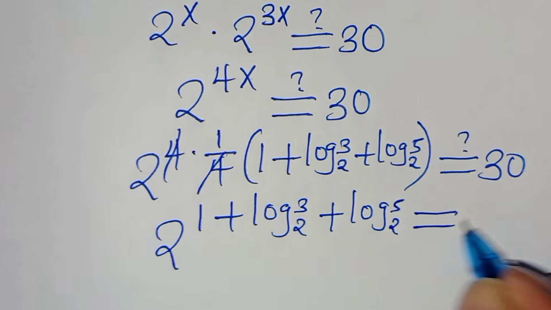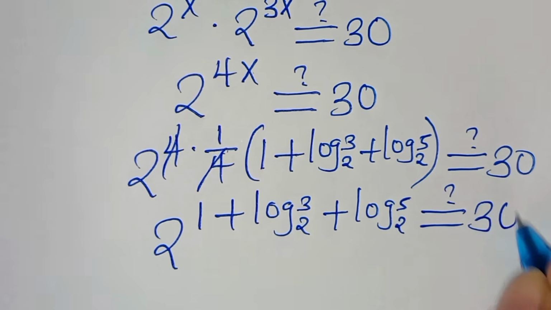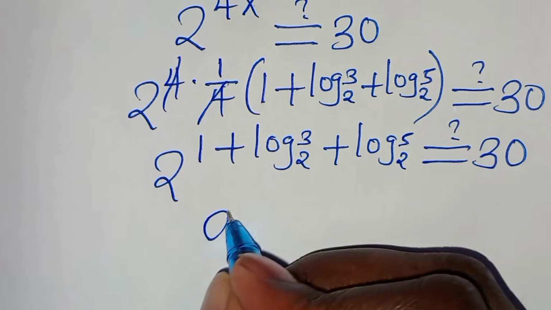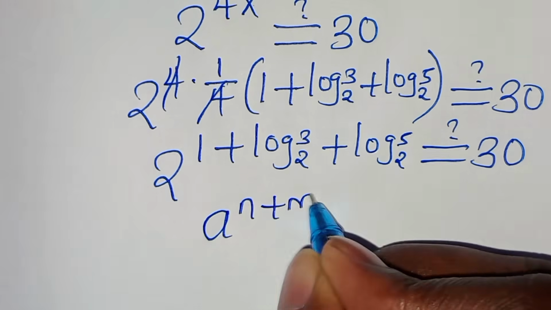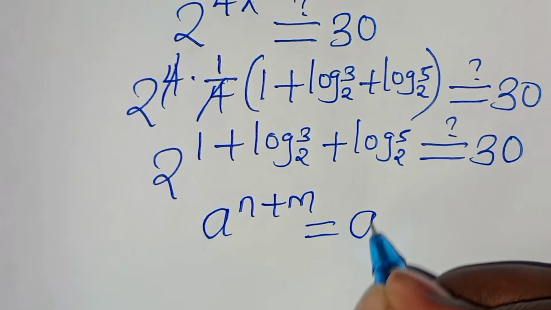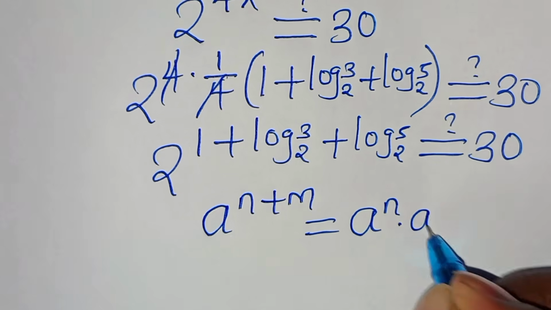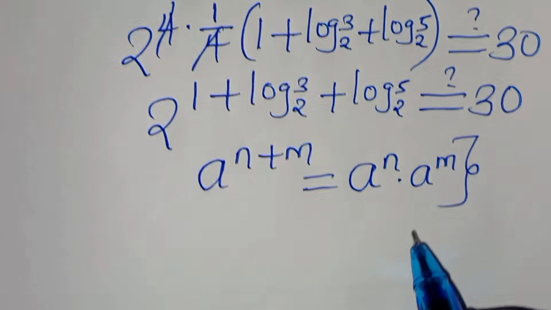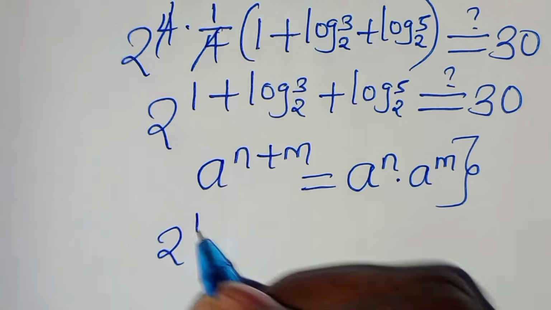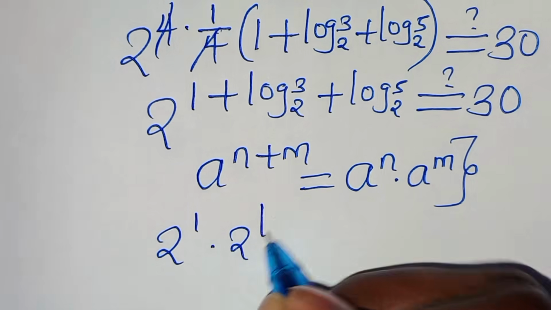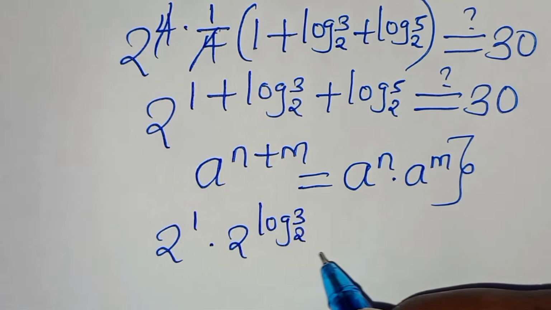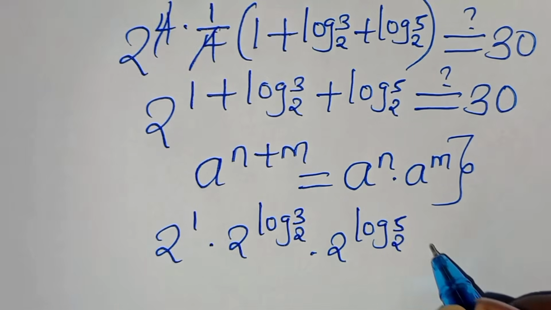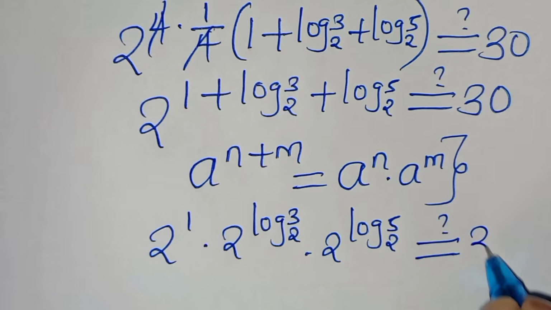This is in the form of a to the power of n plus m, which can be expressed as a to the power of n times a to the power of m. Applying this exponent property, we have 2 to the power of 1 times 2 to the power of log 3 to base 2 times 2 to the power of log 5 to base 2.